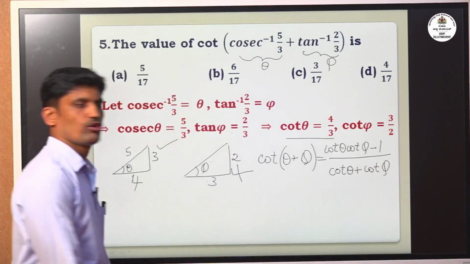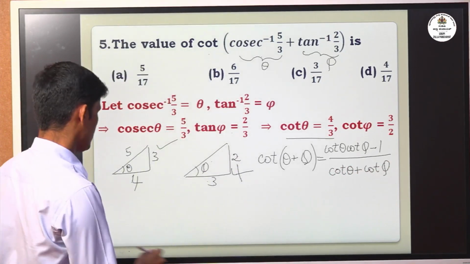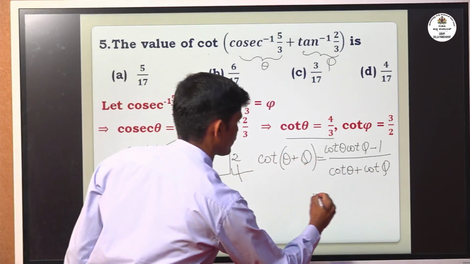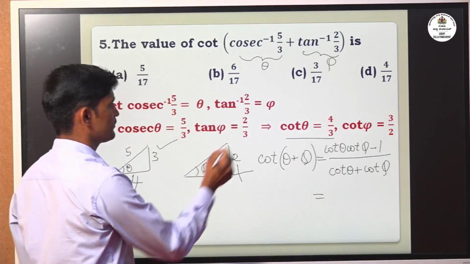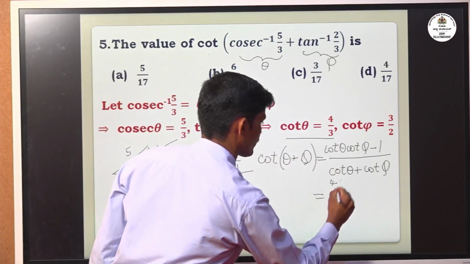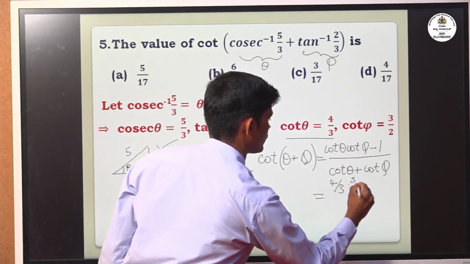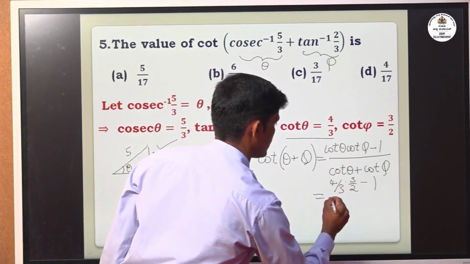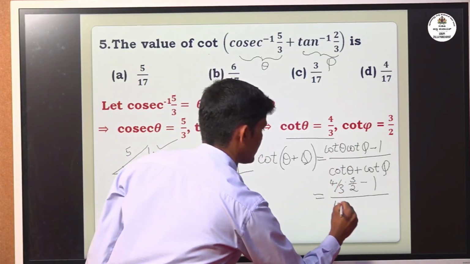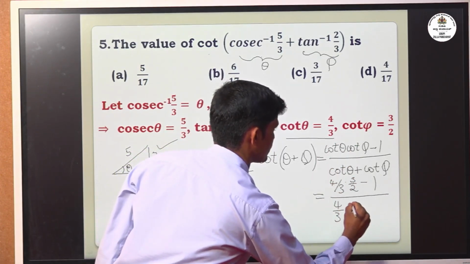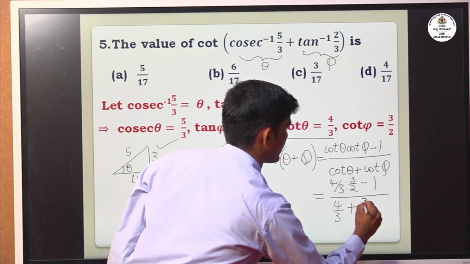Use this cot of x plus y formula. Then by substitution, here cot theta is equal to 4 by 3 into cot phi, that is 3 by 2, minus 1, divided by cot theta 4 by 3 plus cot phi, that is 3 by 2.